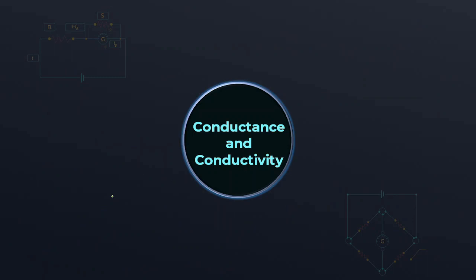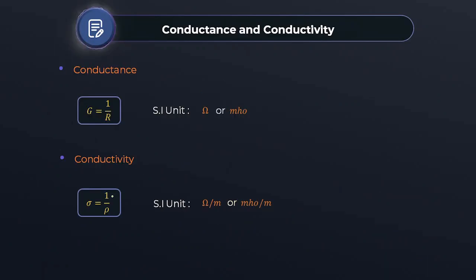Now, let us see more about conductance and conductivity, the opposite of resistivity. Conductance is 1 upon resistance, so its unit will be ohm inverse, or mho. Similarly, conductivity is 1 over resistivity, so it is 1 by rho.